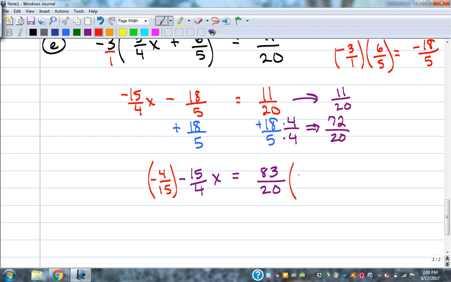Multiply by the reciprocal, just like what we did Monday. These are gone. Yeah, we can cross cancel there with the 4 and the 20.